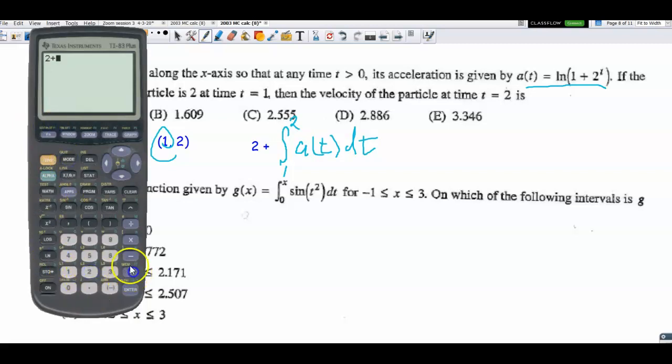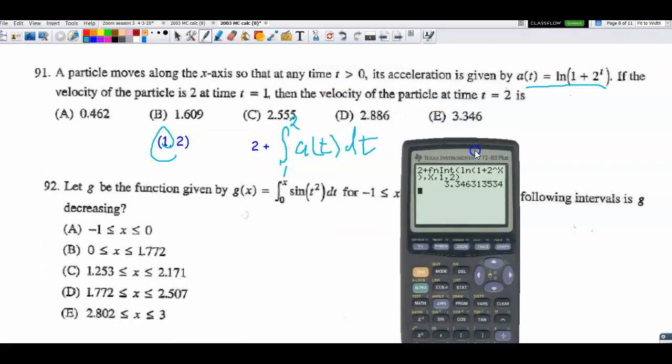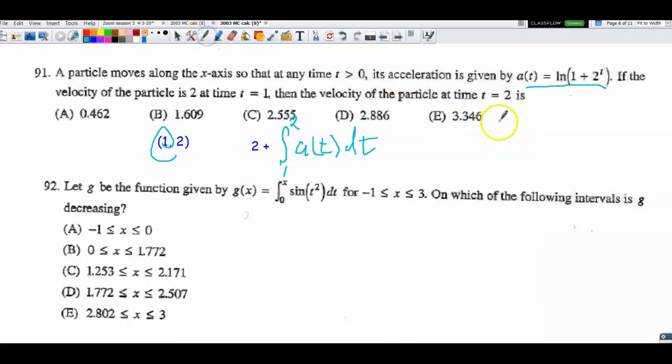So 2 plus math 9 of ln of 1 plus 2 raised to the t power in terms of x from 1 to 2 is 3.346, which is letter E.